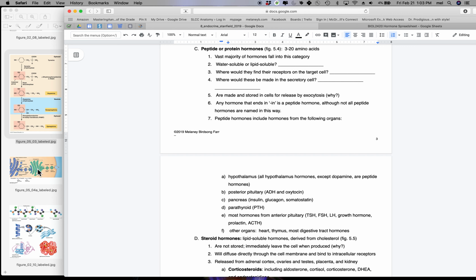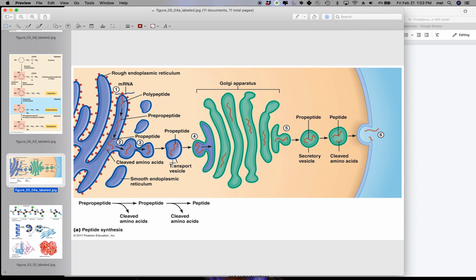So since what they are is peptides or proteins that are meant for secretion, let's put this back together with 1610 and tell you that basically what we are going to do is make these on the rough ER. There's some processing that goes on, but then we are going to package it up in the Golgi apparatus, and then, especially as it gets larger, the mechanism of release is going to have to be exocytosis.